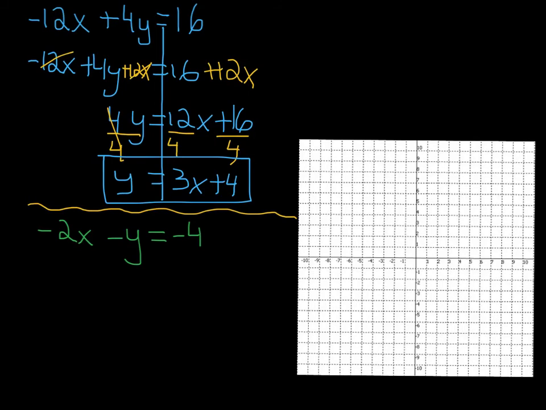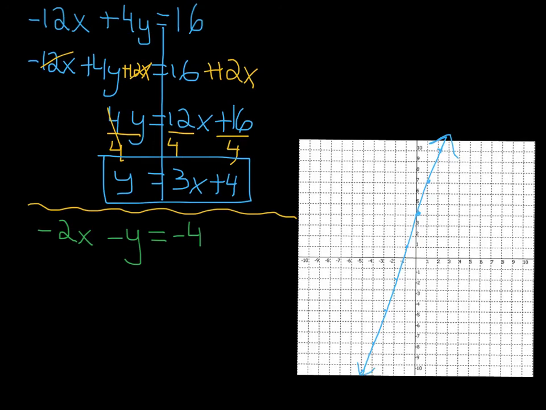The y-intercept is at 4, and then the slope is 3, so I need to go up 3 over 1, up 3 over 1. Let's go backwards, down 3, left 1. And then we can connect the line.